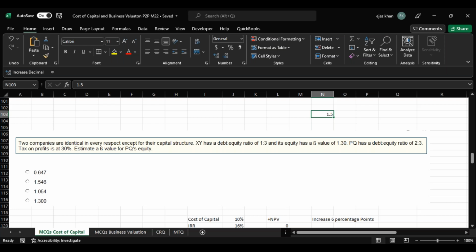What do you think? How much risk premium will the investors expect from this company if the average market is giving 8% risk premium? How much risk premium will investors expect from this company if it has an equity beta of 1.5?